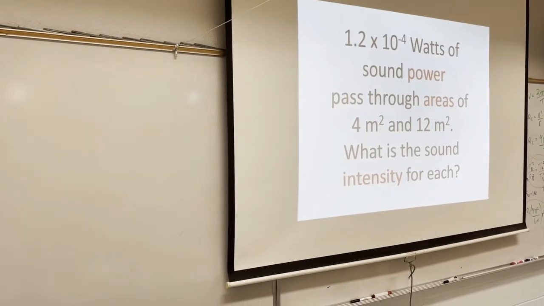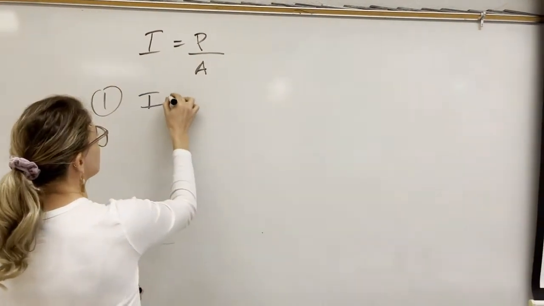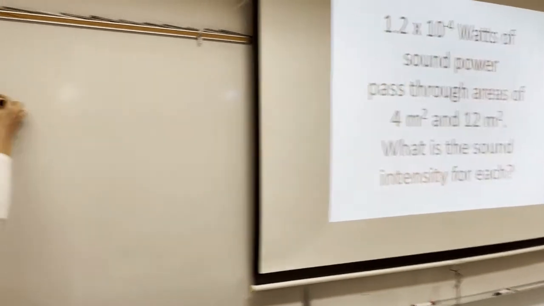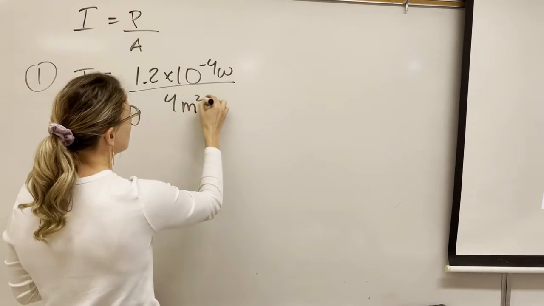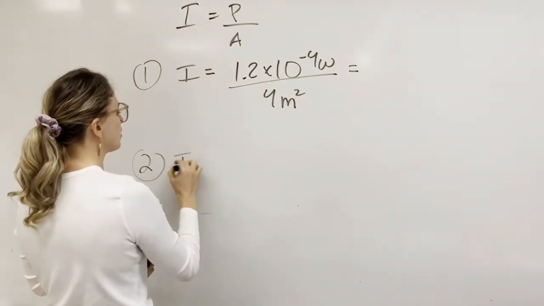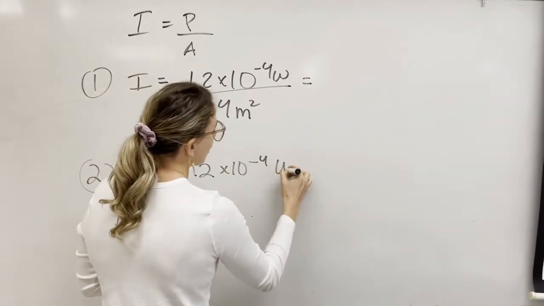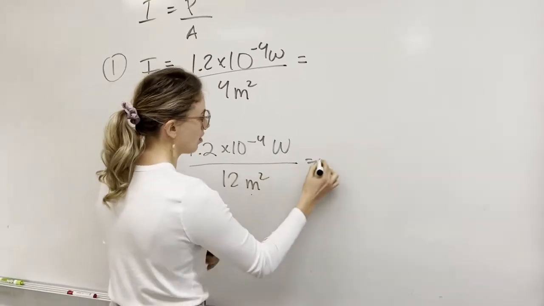What is the sound intensity for each? For the first one, the sound intensity is going to be 1.2 times 10 to the negative 4th watts divided by the area, 4 meters squared. For the second one, we're going to do the exact same thing, same amount of power spread over a larger area.